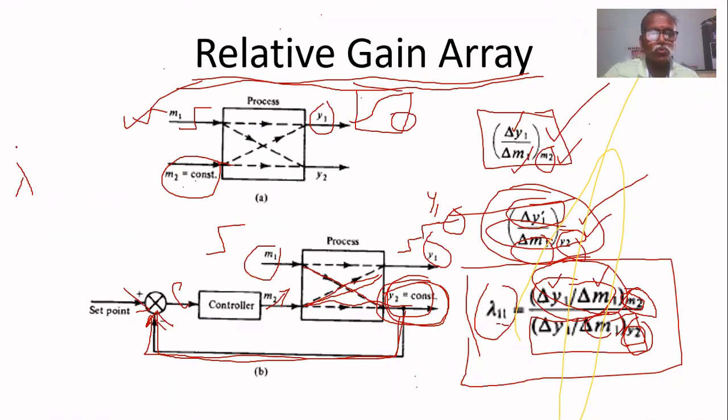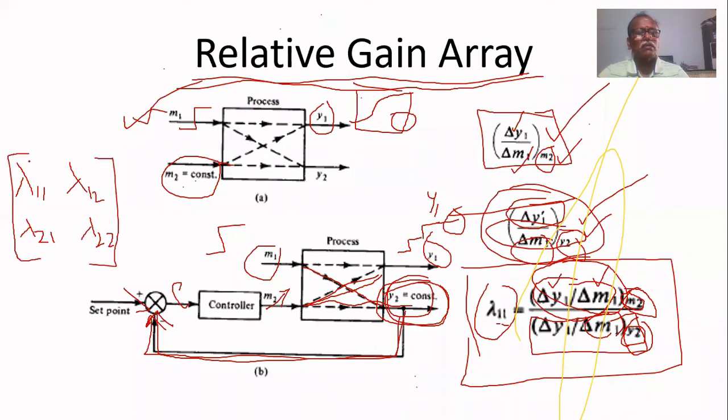For a 2 by 2 relative gain array, it consists of 4 elements: lambda 1 1, lambda 1 2, lambda 2 1, and lambda 2 2. What is each element?